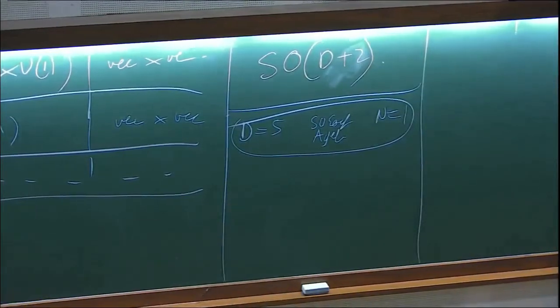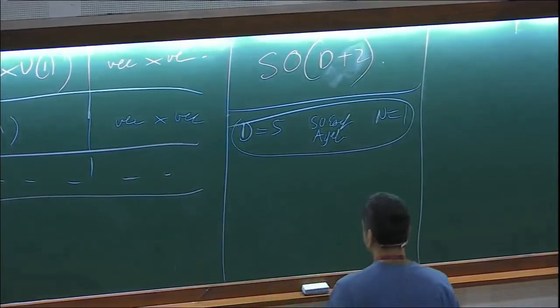Why you don't see SOs in the list is that at low ranks, two different names sometimes describe the same algebra. The famous example is SU(2) is SO(3). So you might see something that doesn't look like an SO, but actually is. So let's look at that case by case.